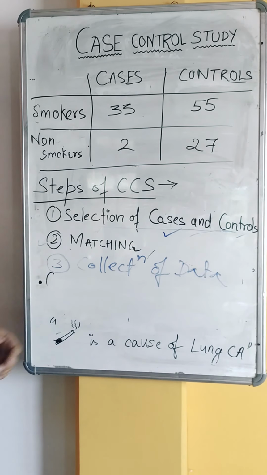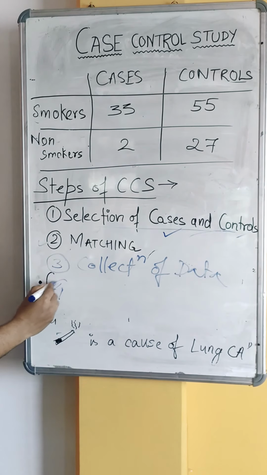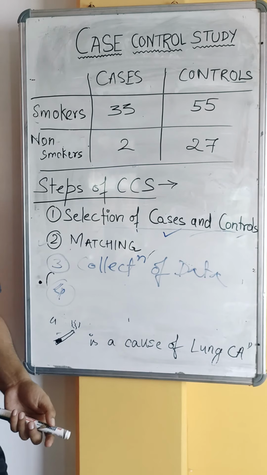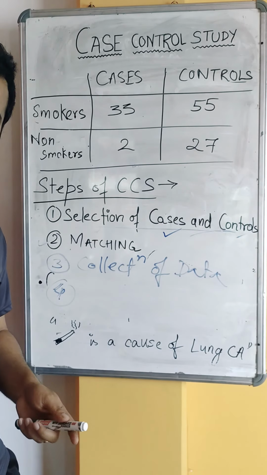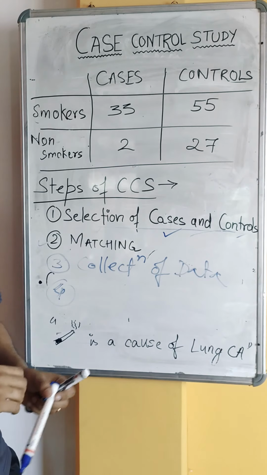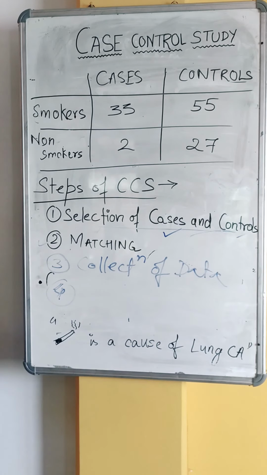We have just collected the data. Clear? How can we collect the data? We can simply interview the patients. We can go there and ask them, or if they are living far from us, then we can have email questionnaires, isn't it? So this is how we can collect the data.